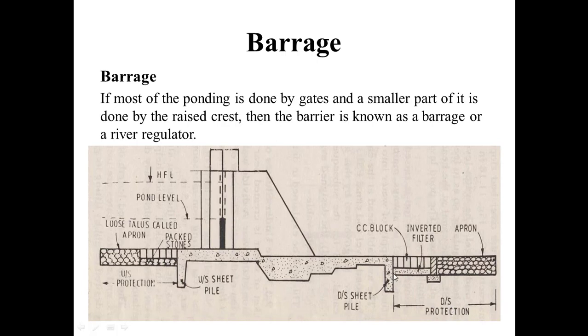Also, on the downstream side, a sheet pile is provided. The floor is constructed of concrete, and the structure is erected on this concrete floor, and the gates are installed on this floor.